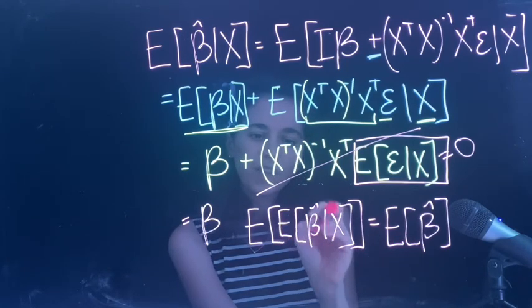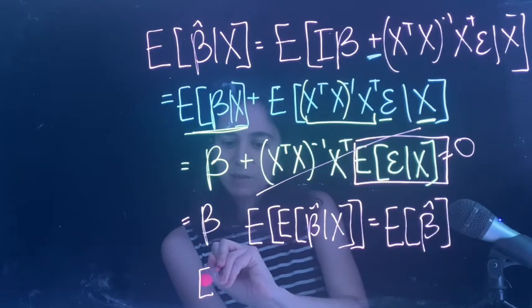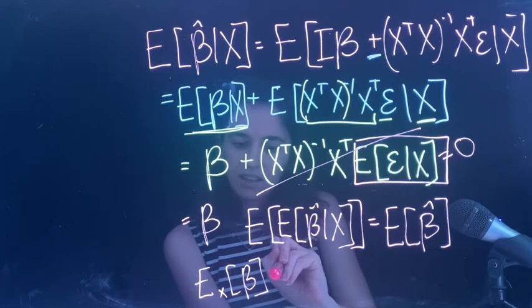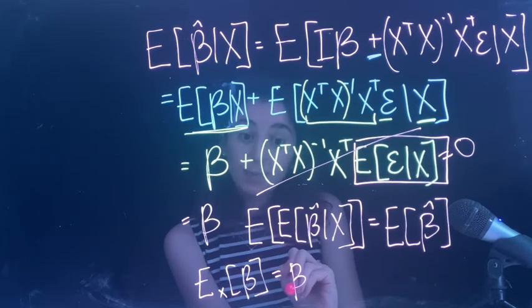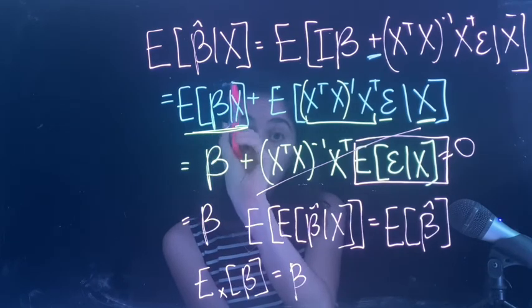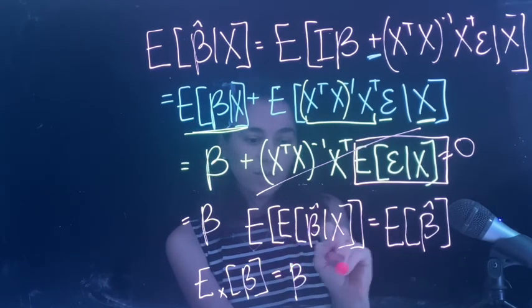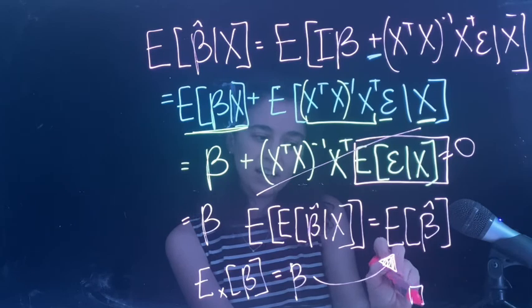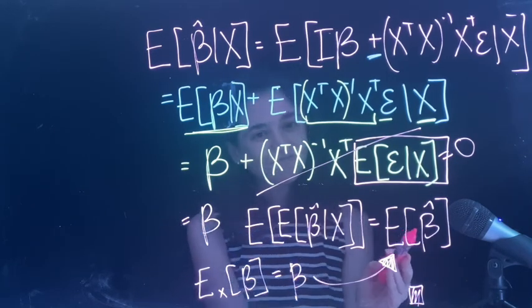We know the inside part we just solved is beta. So if I take the expectation with respect to x of beta, that's just beta, because as we mentioned, beta is fixed, a constant. And so we can finally conclude that the expectation of beta hat is equal to beta, and thus beta hat is unbiased. And so there you have it.